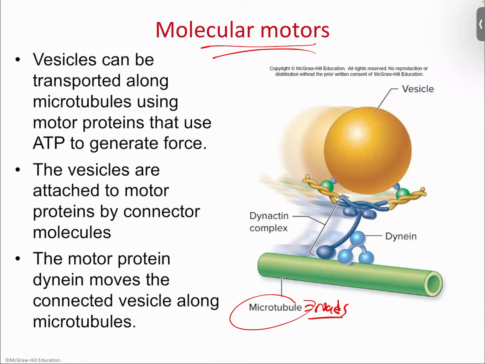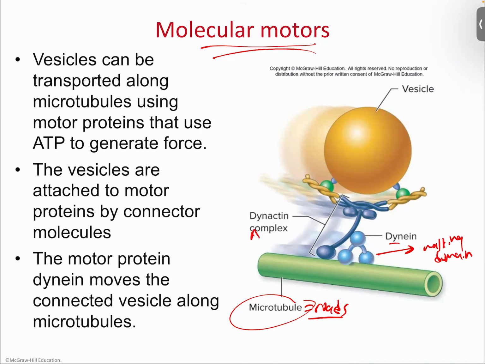Just like in the cell, if there's a destination in the cell that you want to get to, there is a pathway or a microtubule that will lead you there. As a matter of fact, if there isn't one, then you have to lay one. So these basically are the roads. Wherever you want to go, you have to have a microtubule to do that. And then you have a motor protein, which has two major domains. It has what's called the walking domain.